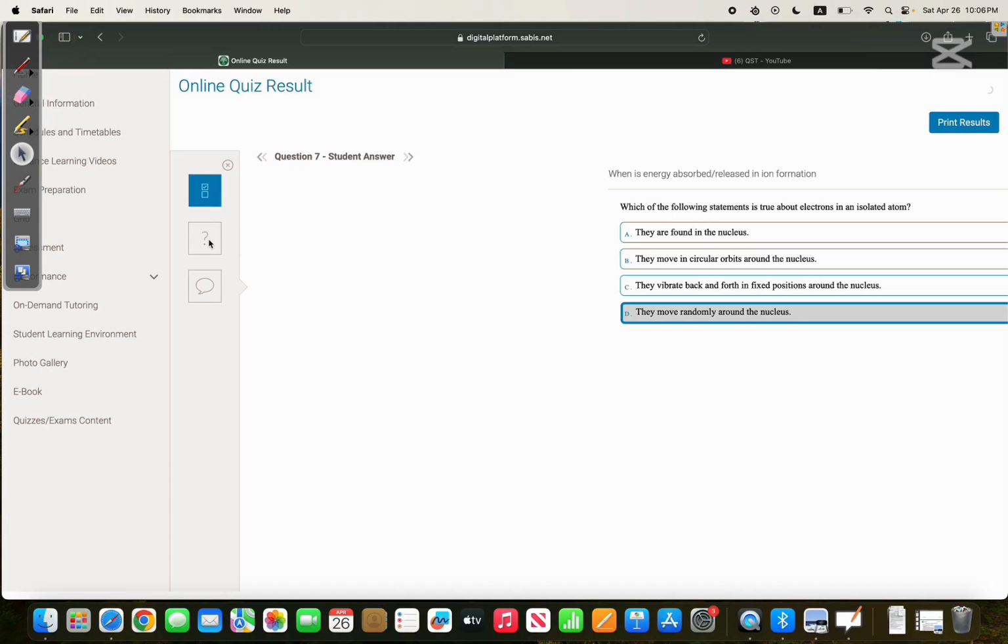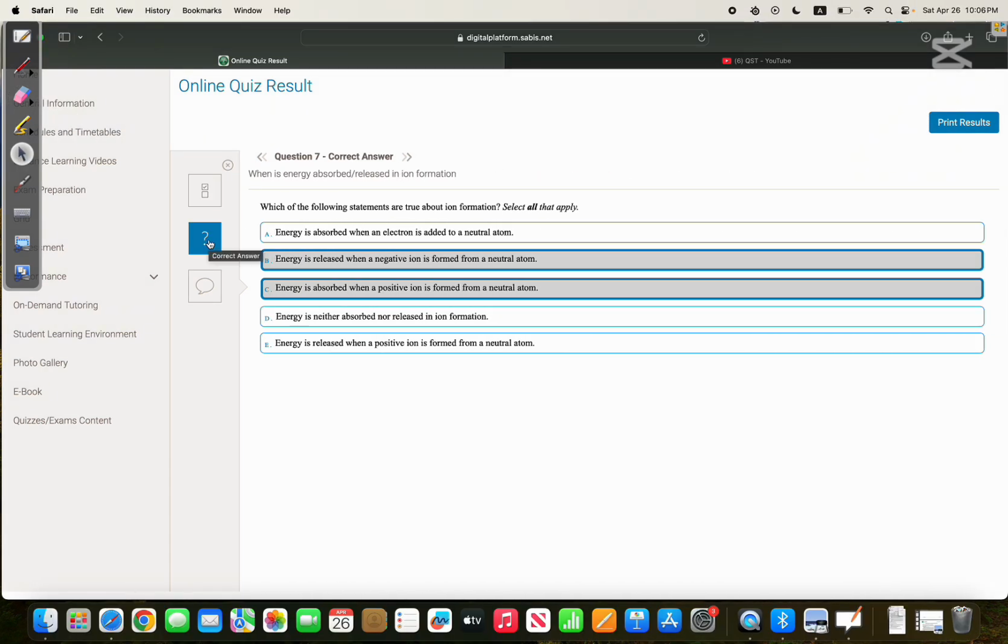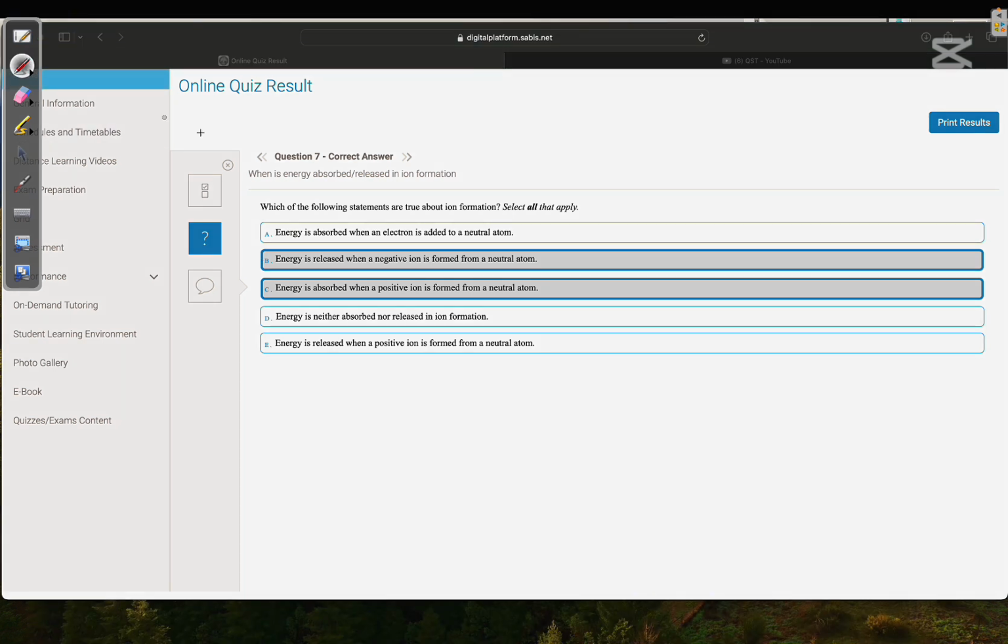Number 7. Which of the following statements are true about ion formation? Okay, look. Let's say we have the nucleus here with the electrons orbiting.